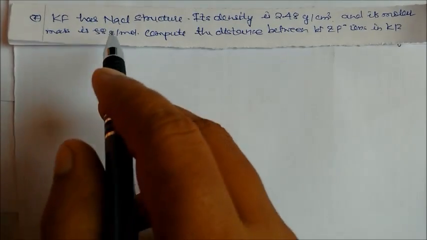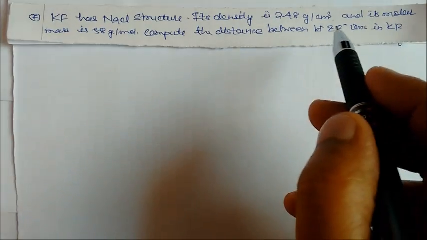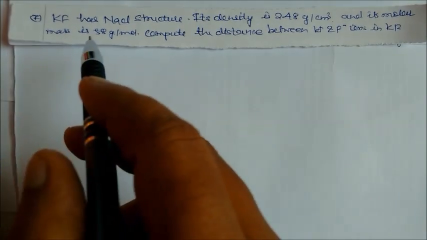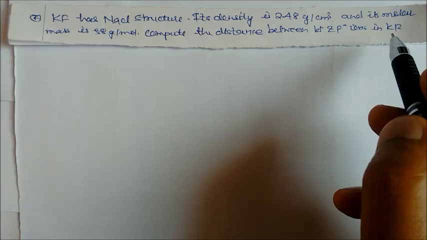Potassium fluoride has NaCl structure. Its density is 2.48 gram per centimeter cube and its molar mass is 58 gram per mole. Compute the distance between potassium plus and fluoride ions in KF.